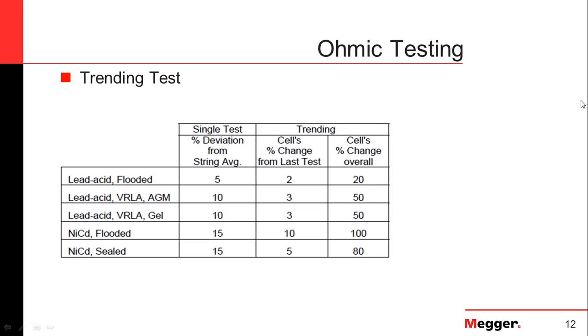Now, this specific test, it is a trending test. And some of the things that you'll want to do, this is just a sample of a table that you'll use where you can check the averages of, say, a flooded cell versus an individual cell versus the string average, an individual cell versus the last test date, so how much did it change from 2015 to 2017, and then how much has changed versus, say, the baseline.